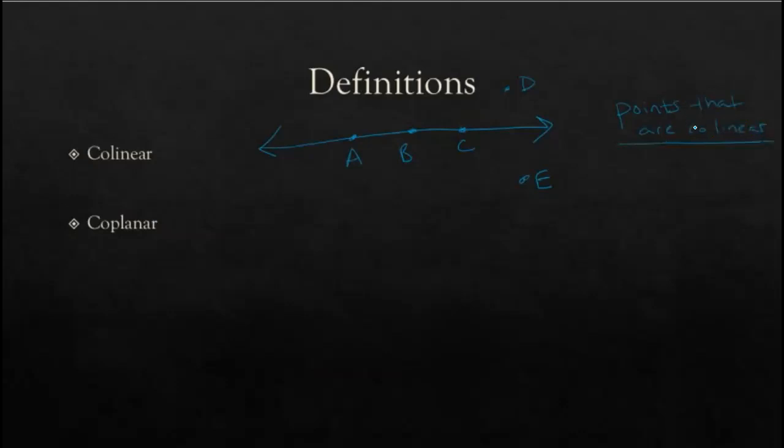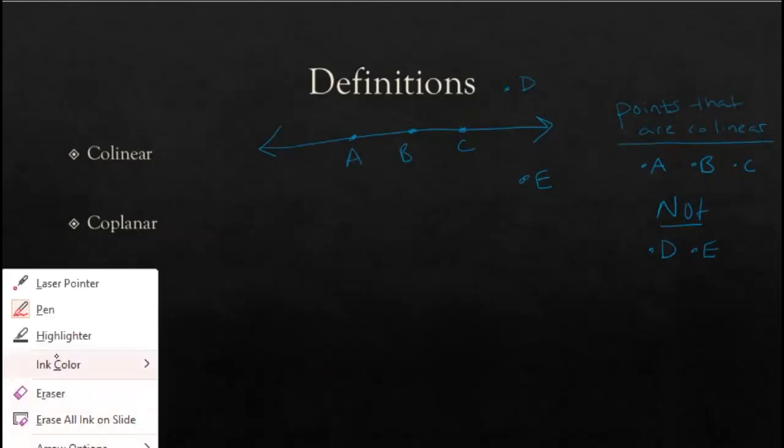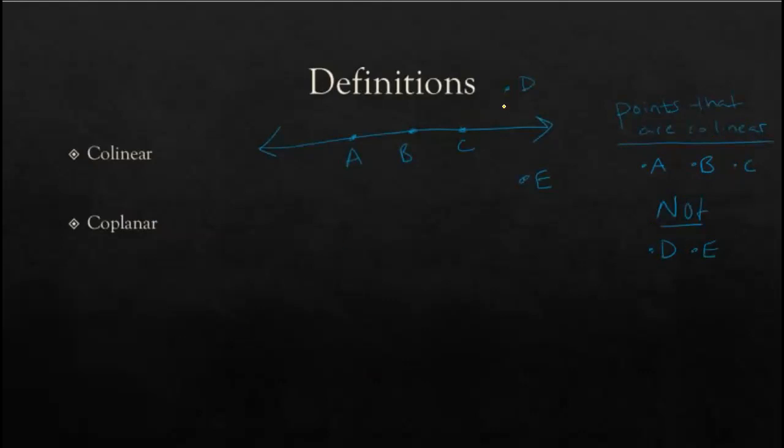So the points here that are collinear would be point A, point B, and point C, but not point D or point E. At least they're not collinear with A, B, and C. D and E could be collinear if we make a new line. So if we made a new line here, now D and E are collinear.